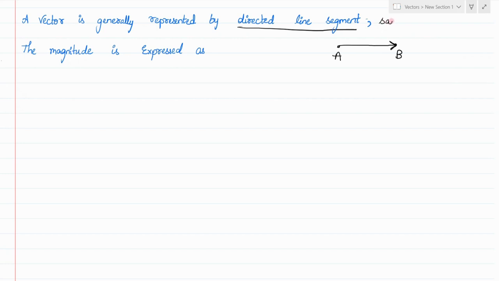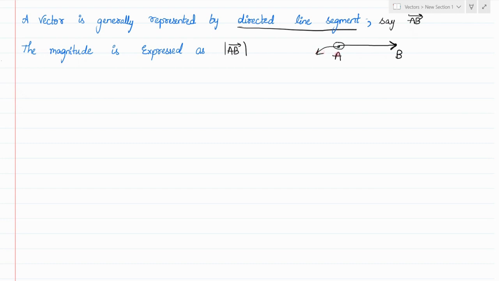So AB is a vector and it is denoted with a bar over AB, and the magnitude is written as mod of AB. Magnitude is nothing but the distance only, right? So you will calculate it using the distance formula.